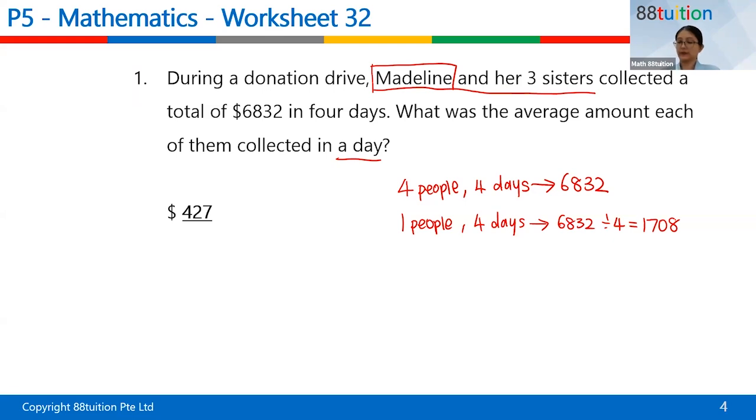So 1 person, 1 day, 1708 divided by 4, go to 427. That's it. Do it one step by one step. Of course you want to do it directly, also can, but it's clearer if you just clear one item, one variable. Because sometimes you can go up to 3 variables, right? So this is how it works.